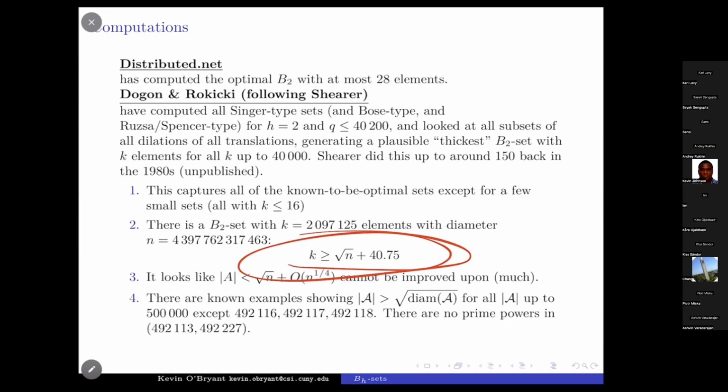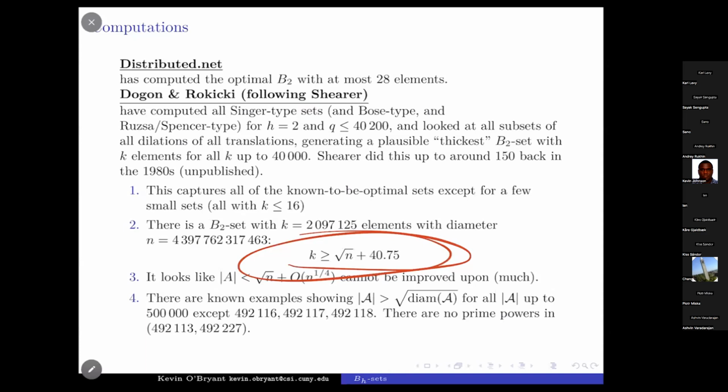It's often said that Erdős asked that maybe K is less than or equal to root n plus big O of 1. If true, that big O of 1 term has to be up at least around 41, just by these examples. Right, so that's looking like maybe it's not true. It's often said that he conjectured that the size of the set is at most root n plus big O of n to the epsilon.